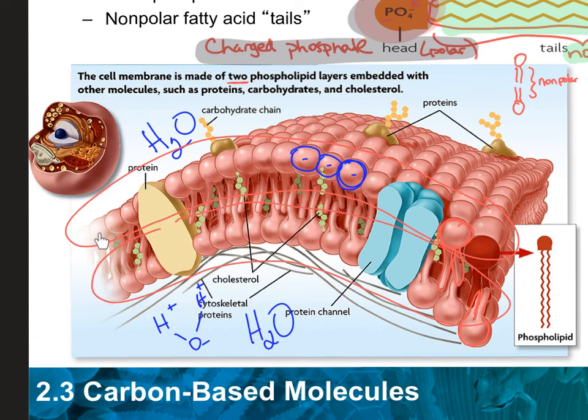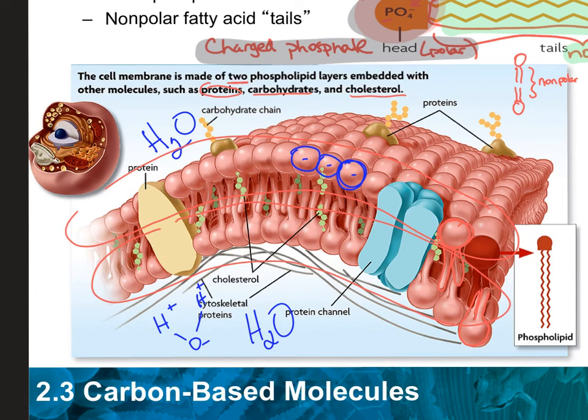So I have two layers of phospholipids, and we call those bilayers. Now, the other thing that we want to say about the cell membrane is there are other molecules inside of it. There are proteins inside of it. There are carbohydrates sticking out of it, and there's cholesterol in it.